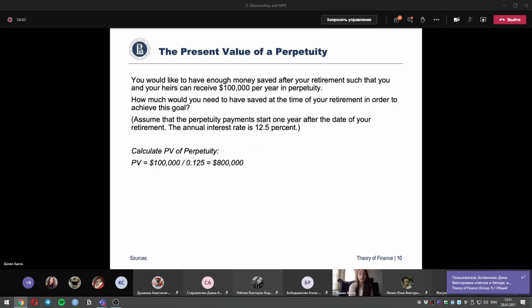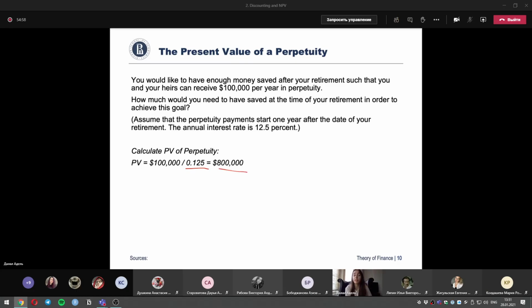Yeah, so here we just take our discount rate. Thank you. We take our discount rate of 12.5%, and then divide $100,000 by it, and receive $800,000.